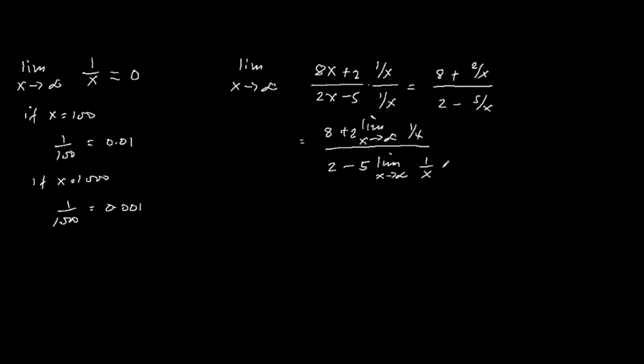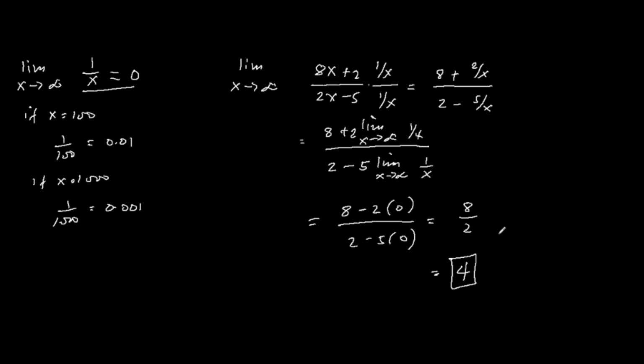In our first example, the limit as x approaches infinity of 1 over x is always equal to 0. So 8 minus twice the limit of 1 over x, which is 0, all over 2 minus the constant 5 multiplied by the limit of 1 over x, also 0, and the value is 8 over 2, which is equivalent to 4.